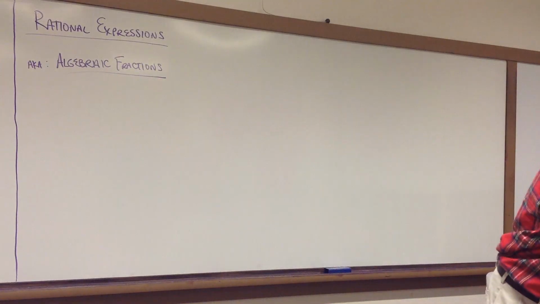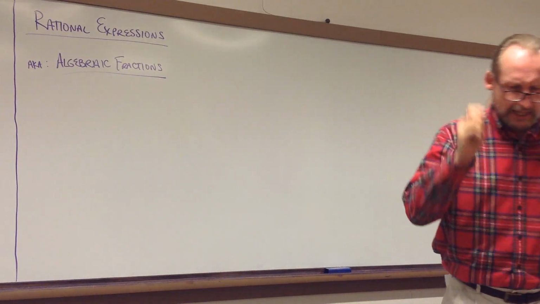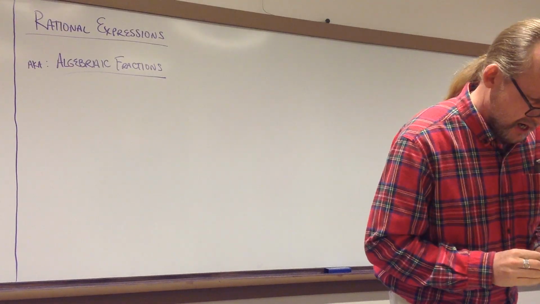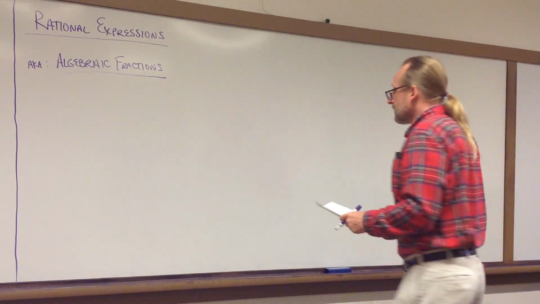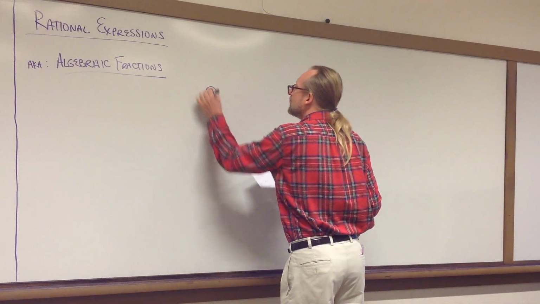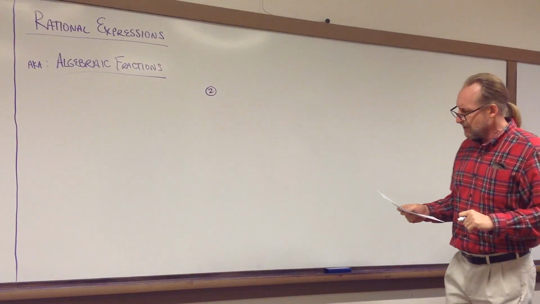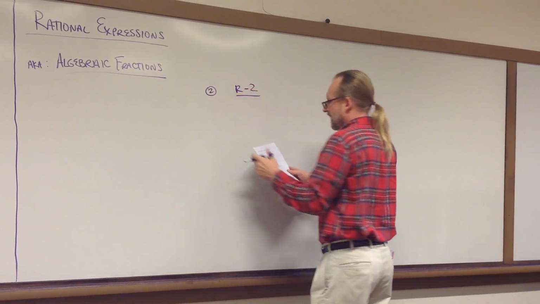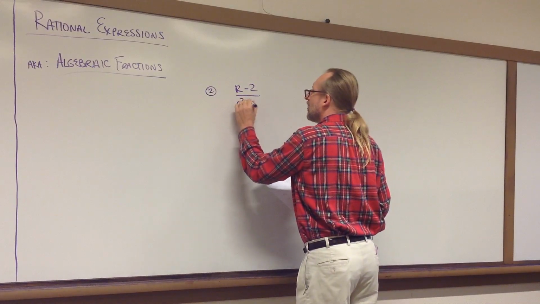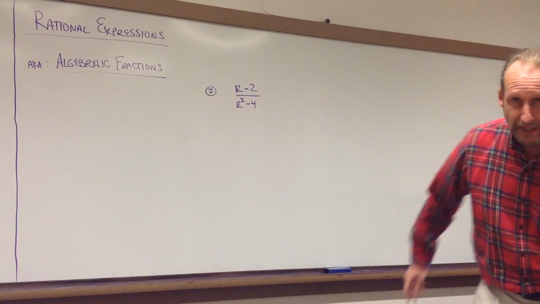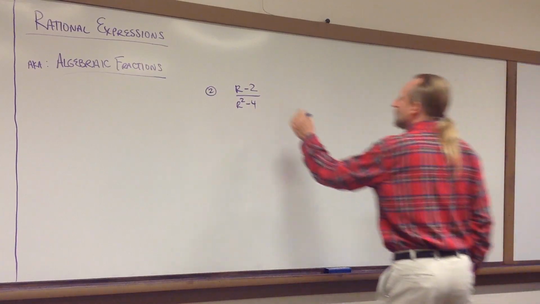All right. So let's take a look at some of the problems on the assignment. The key here, just like in that example with the numerical fraction I just showed you, is to split the numerator and denominator up into factors. Okay, so here in the denominator, r squared minus 4, this is a difference of squares.